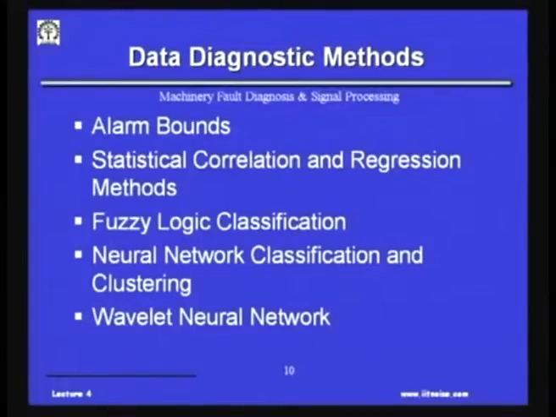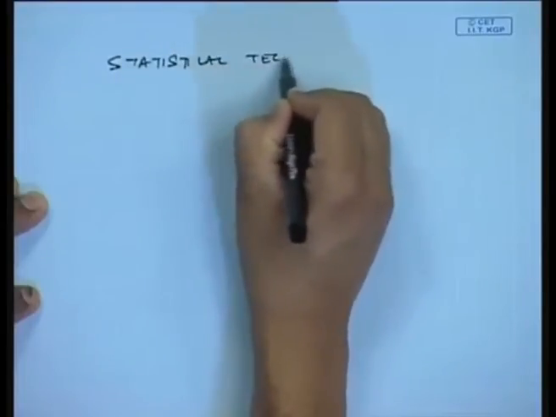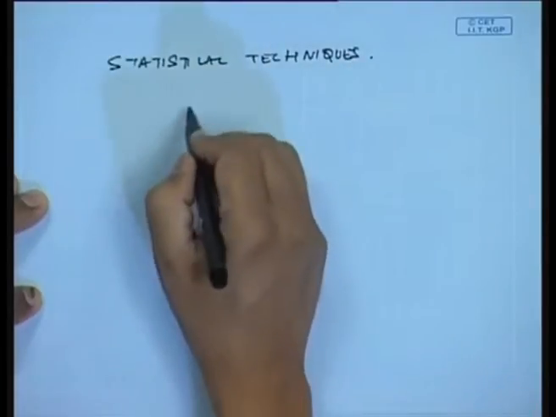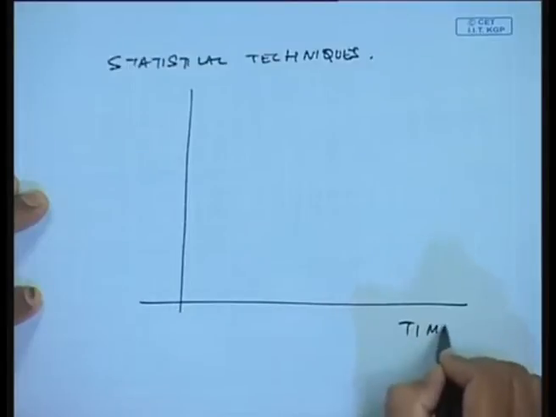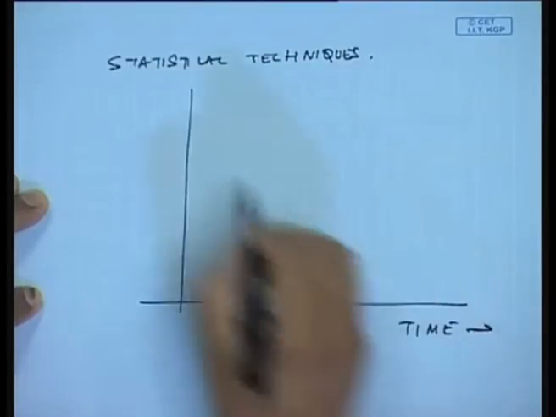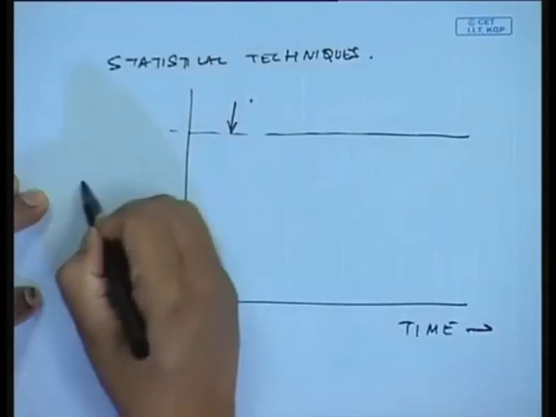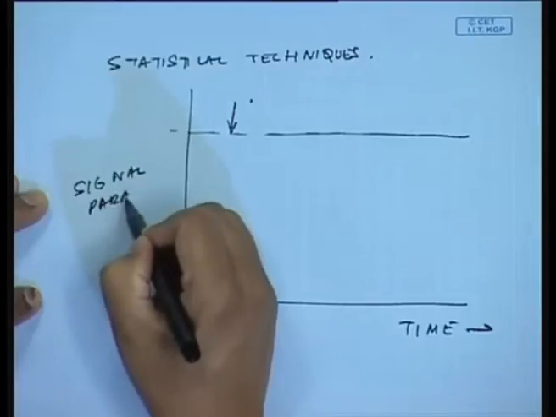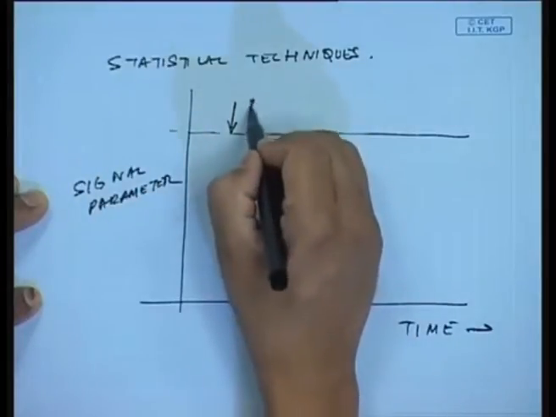Many statistical techniques are available. I will give you one simple example of a regression analysis. For example, with time, I know that this is the signal parameter, and this is my alarm level.